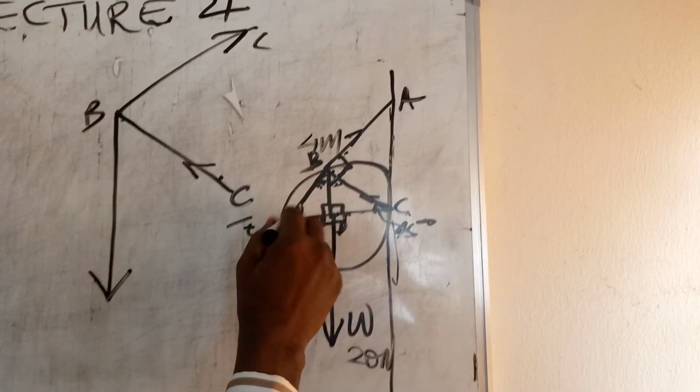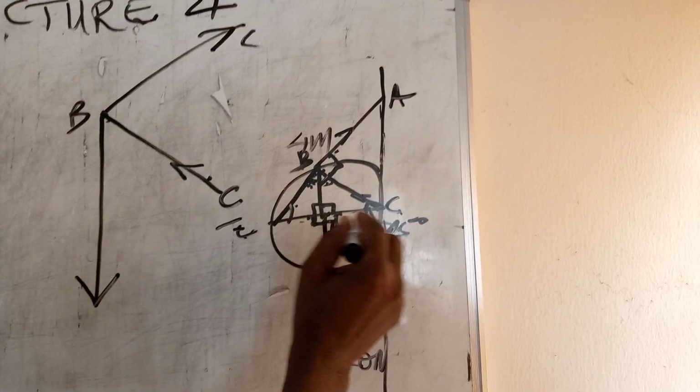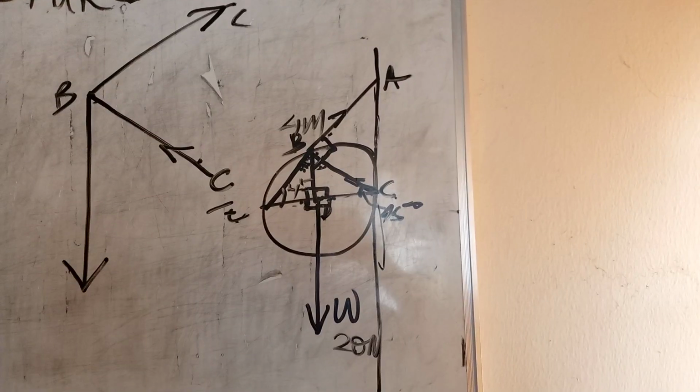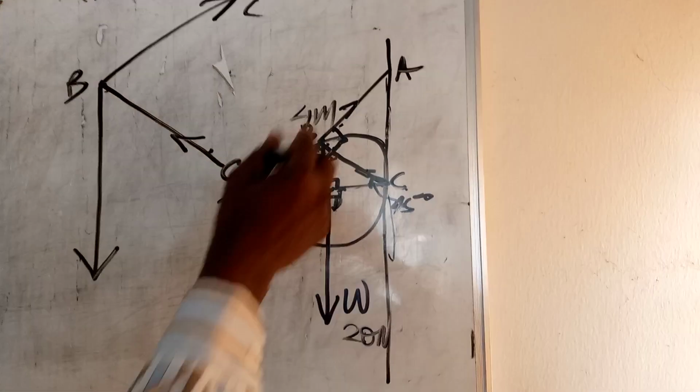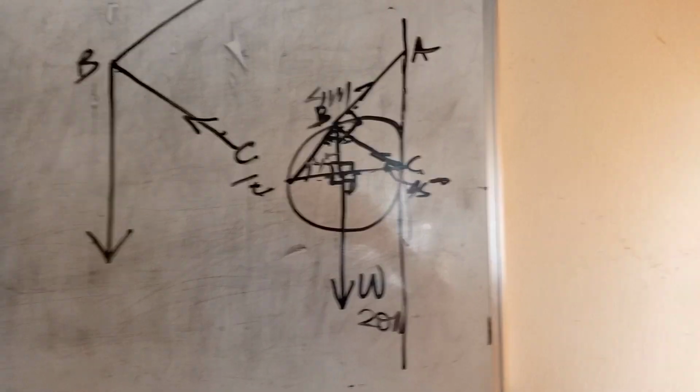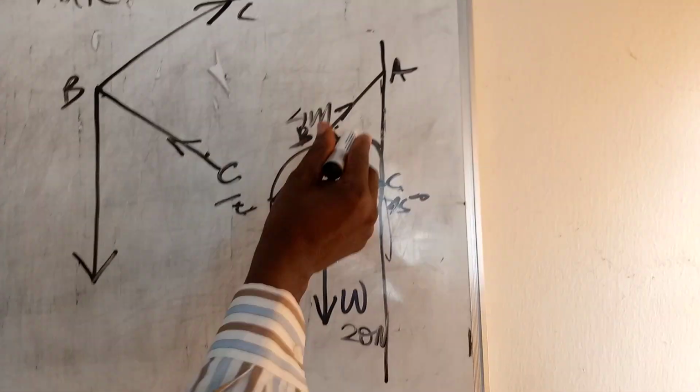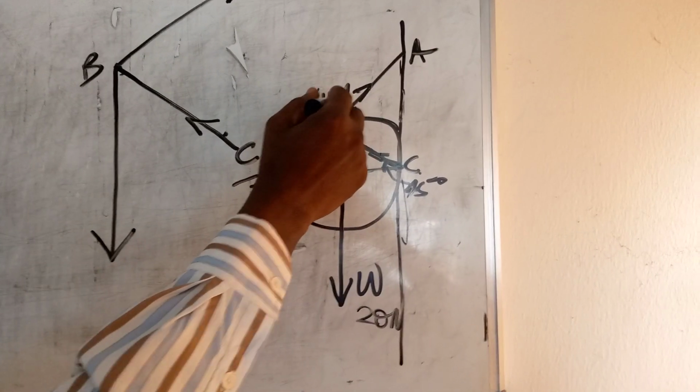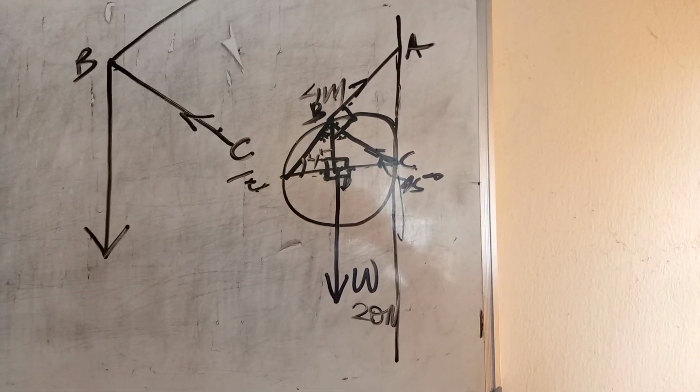This angle is 45 degrees. And if this is 45, the length is that. So it's simple.